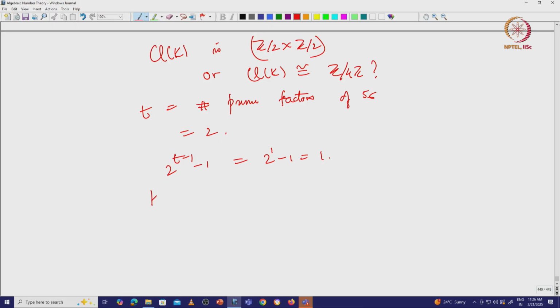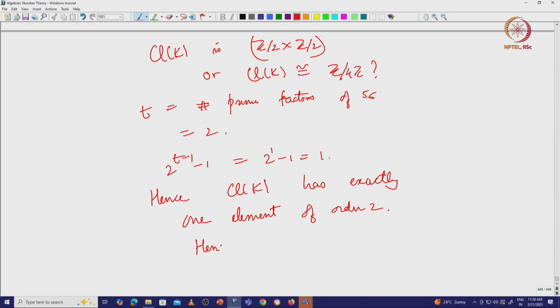So hence by the theorem, CL of K has exactly one element of order 2, and so CL of K is isomorphic to Z mod 4Z, right. So we can determine the structure of the group also if we use this theorem. Sometimes we can use this theorem and get the structure of this group.